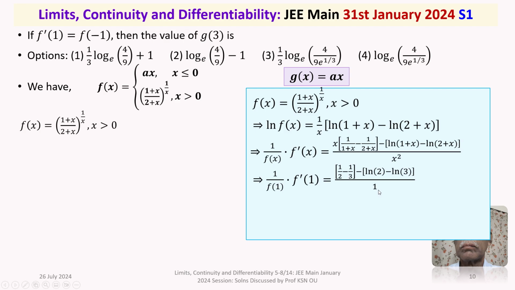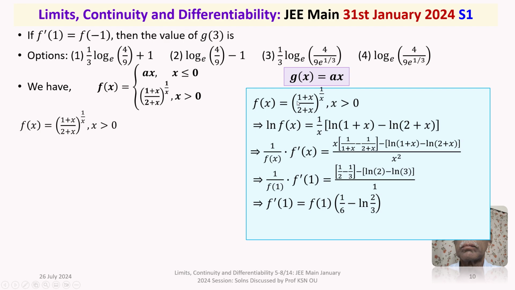So f prime 1 is equal to f of 1 times, now simplify this one. When you simplify, 1 by 6 minus ln 2 minus ln 3 is ln of 2 by 3. What is the value of f of 1? Going to f of x when x is greater than 0, substitute x equal to 1.